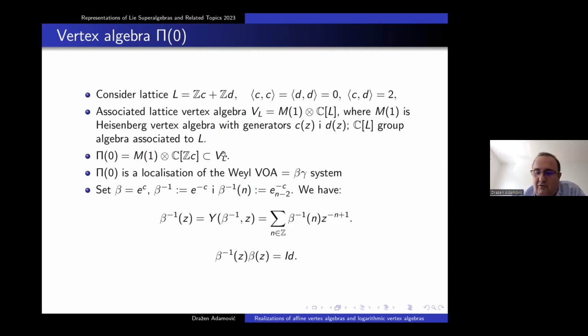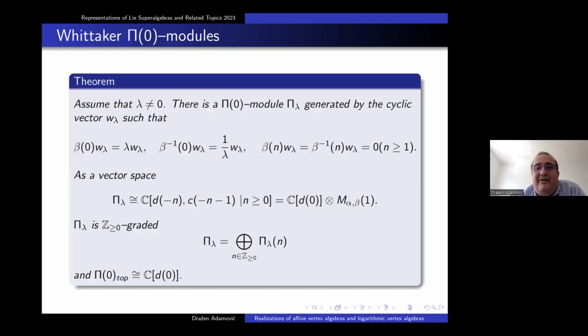It has a lot of modules. It has, for example, Whittaker modules. We can consider this Whittaker type of module. So here we have this, V_L with lambda, or 1 over lambda.